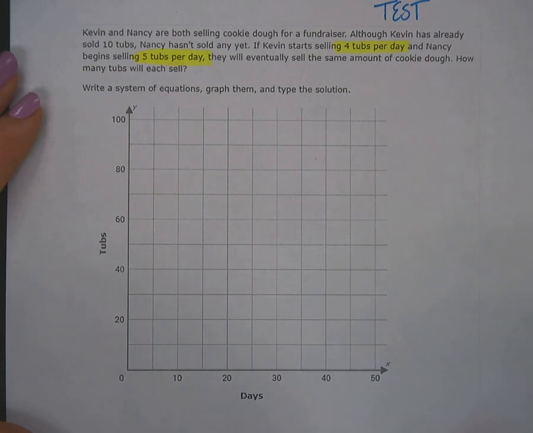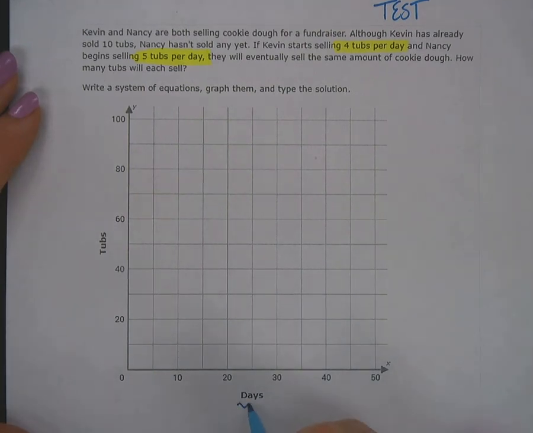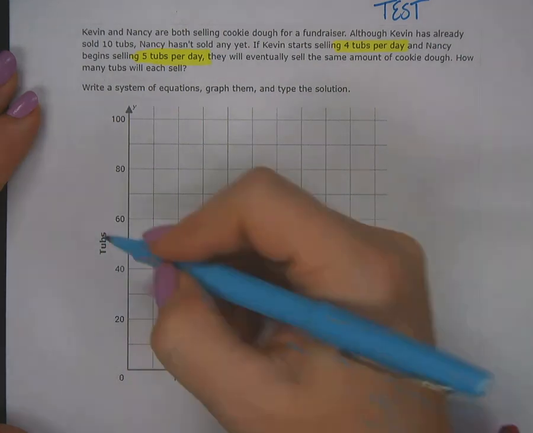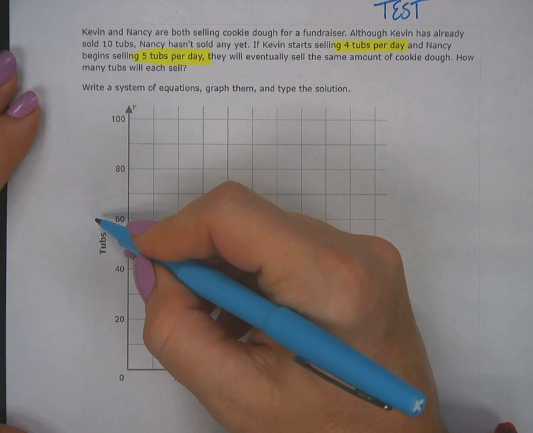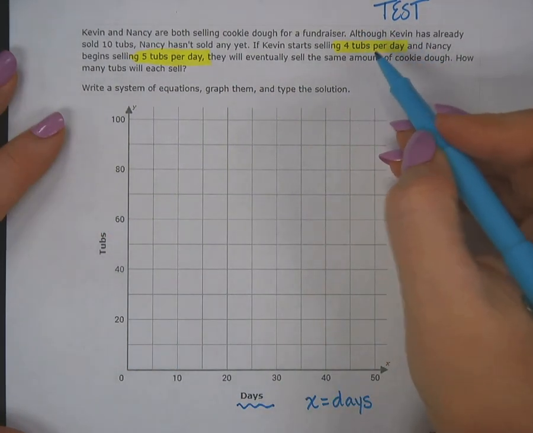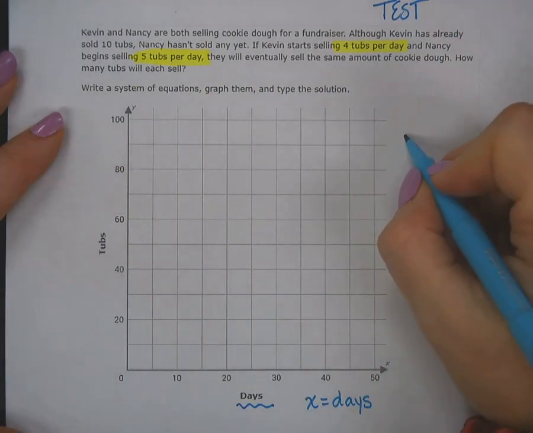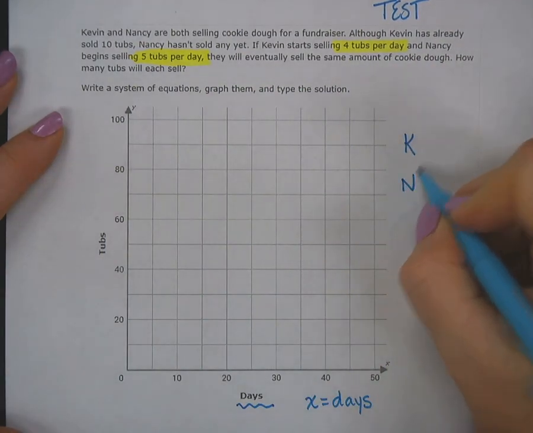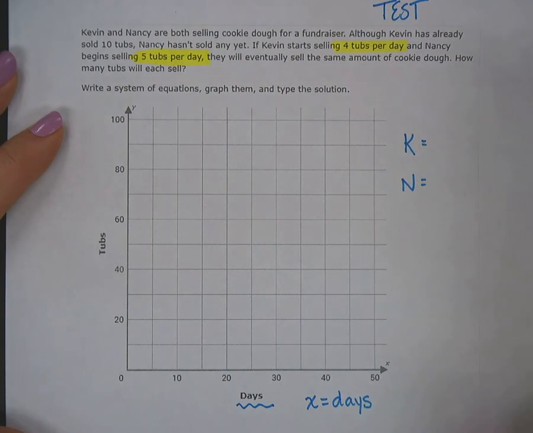So take a look at what's given, and I just want to remind you that the x-axis is labeled in days. So that means that your x value is representing days sold. Our y value is our tubs. When you're reading these word problems, for each person, so we've got Kevin and we've got Nancy, you want to think first about their starting amount.